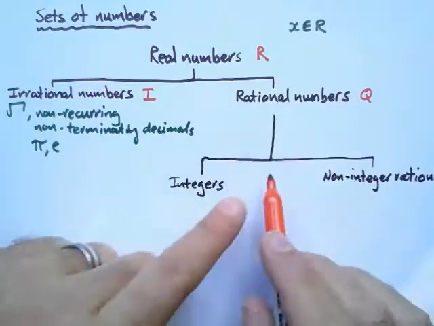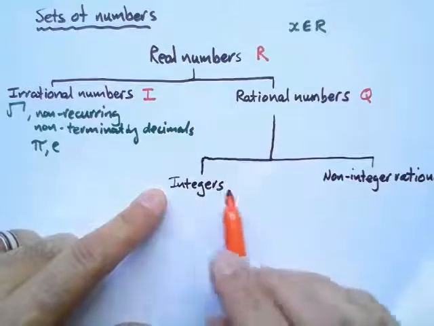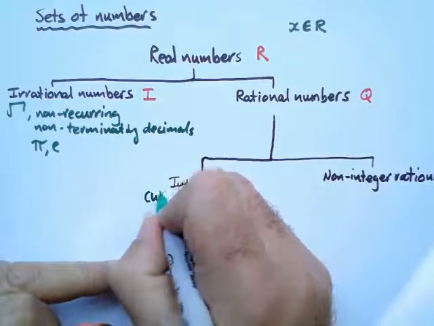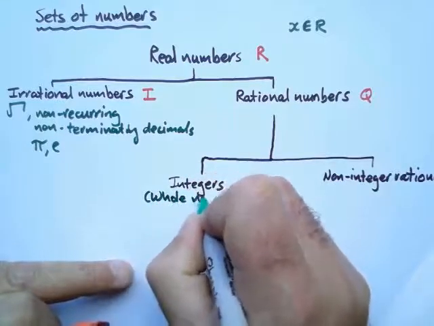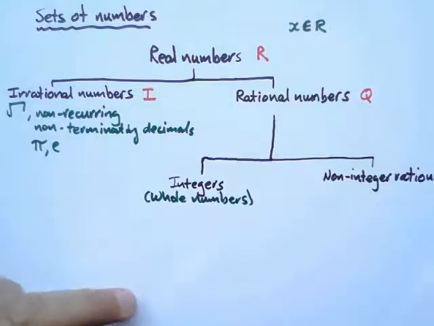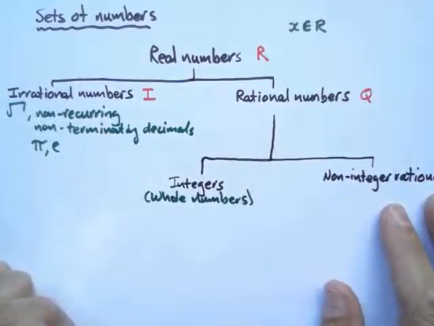So rational numbers can either be integers, which is whole numbers. Just write there, whole numbers. Or non-integers, non-integer rationals. For them, we don't even use a symbol.